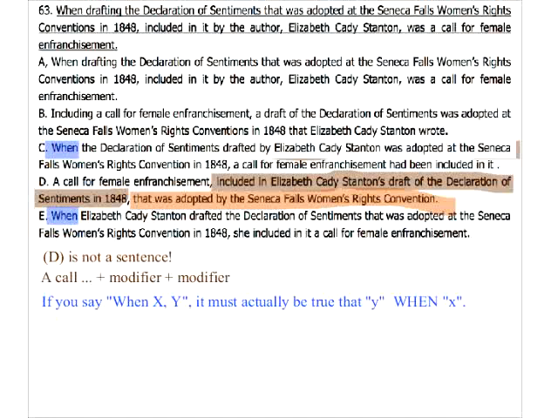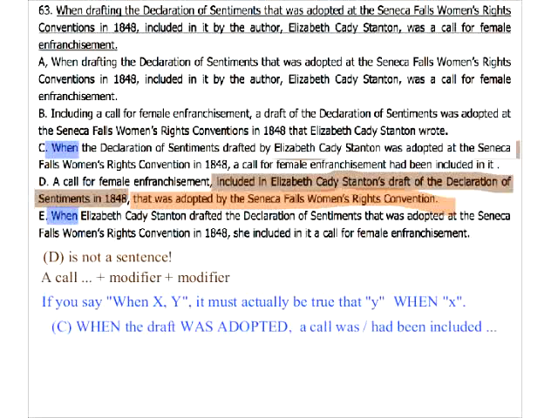In other words, the time frames have to be right. The time frames have to match. So let's look at what they're saying. What's the message in C? C is saying when the draft was adopted, a call was, or whatever had been included.